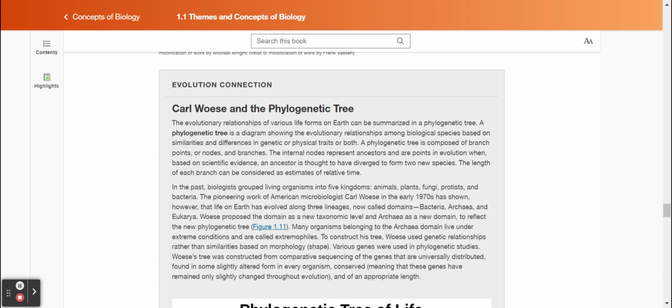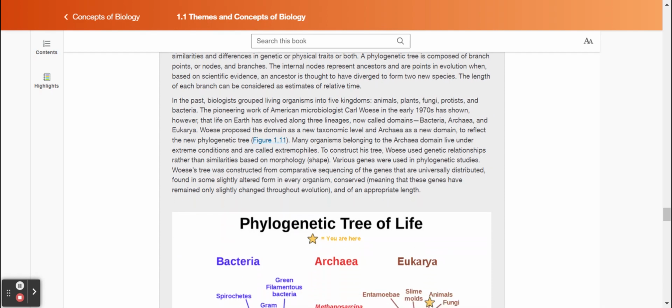A phylogenetic tree is composed of branch points, or nodes, and branches. The internal nodes represent ancestors and are points in evolution when, based on scientific evidence, an ancestor is thought to have diverged to form two new species. The length of each branch can be considered as estimates of relative time.